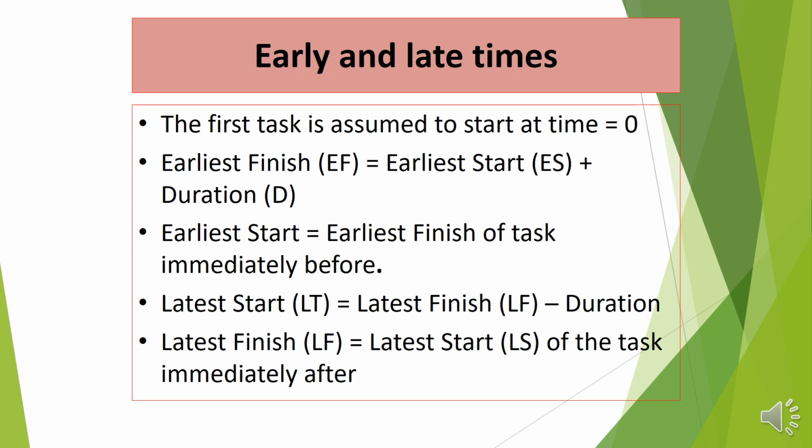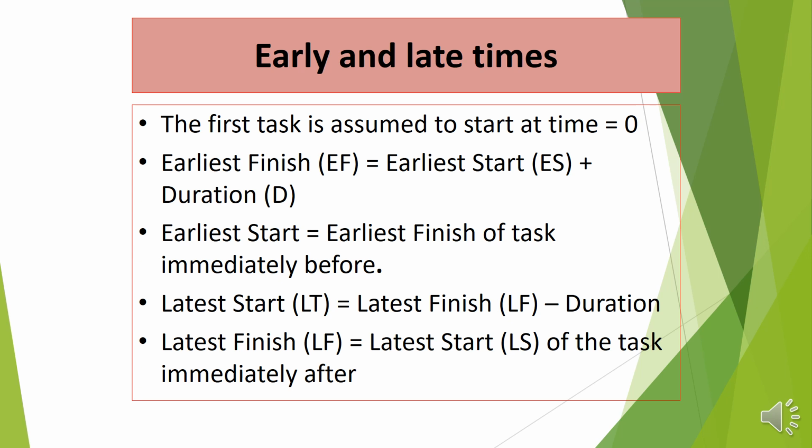Now, early and late times. The first task is assumed to start at time 0, and this is the earliest start. Now, earliest finish is earliest start plus duration. When you have an activity that starts at, say, 0, but takes 10 days, then the earliest finish will be 10 days.